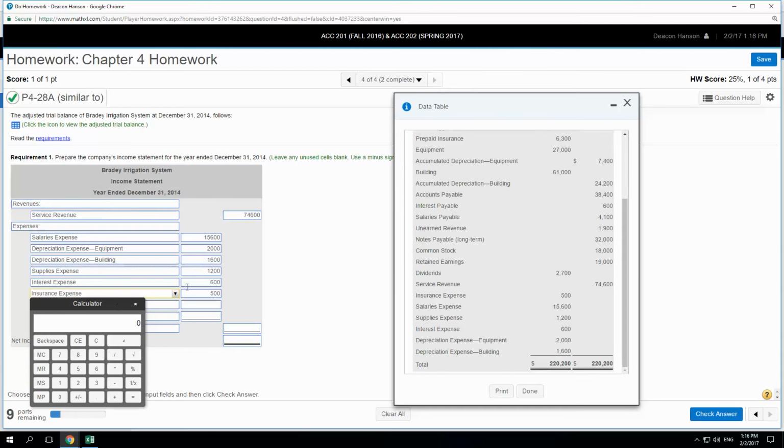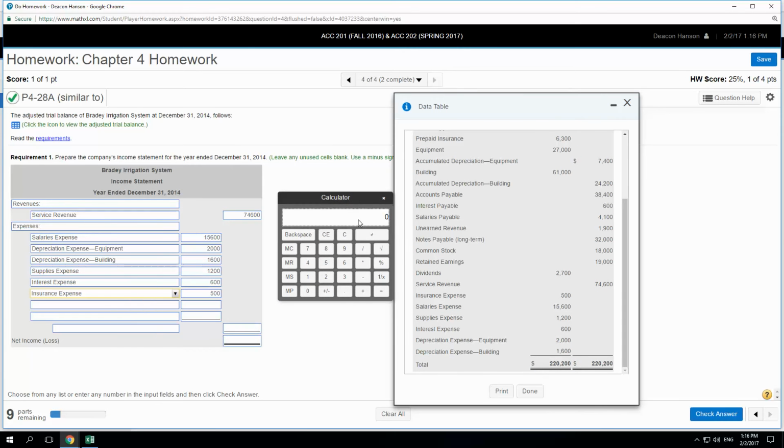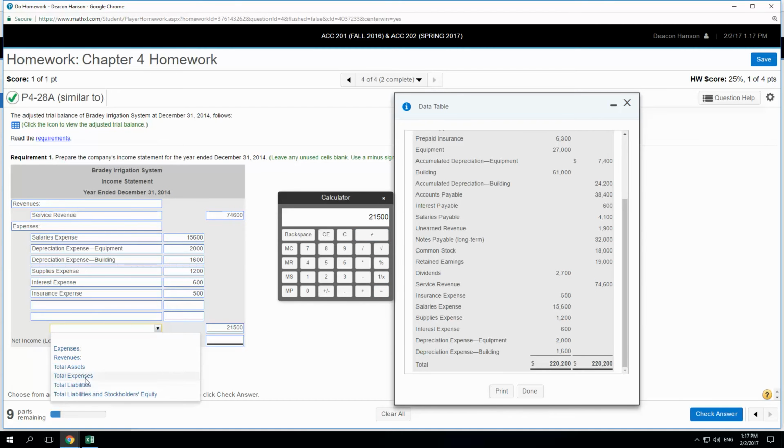So I'm just adding up the expenses now: 15,600, 2,000, 1,600, 1,200, 600, and 500. So I got 21,500 in total expenses. So that's going to be put in right here, and we're going to label that total expenses.